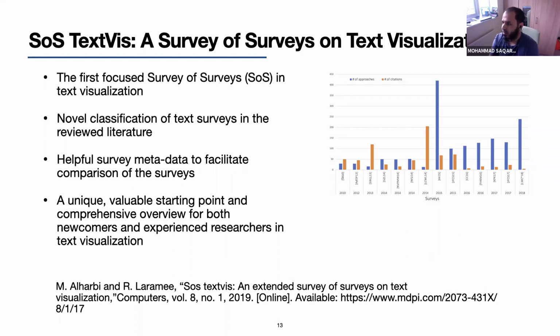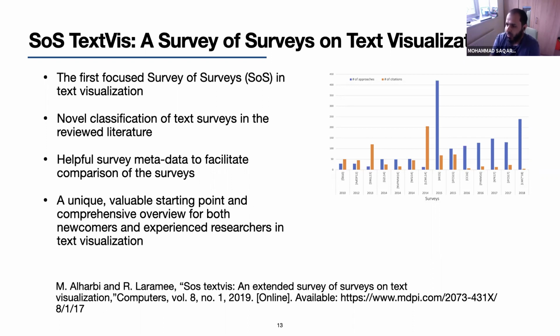This is the SOS TextVis, a survey of surveys in text visualization, the second chapter. It's the first focused survey of surveys in text visualization. It includes multiple surveys that tackle or review TextVis.